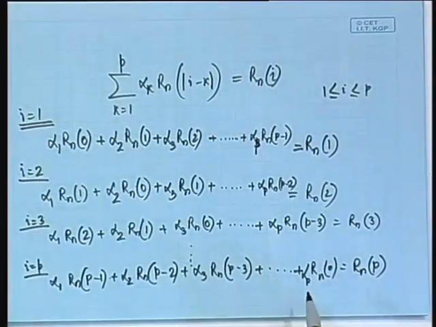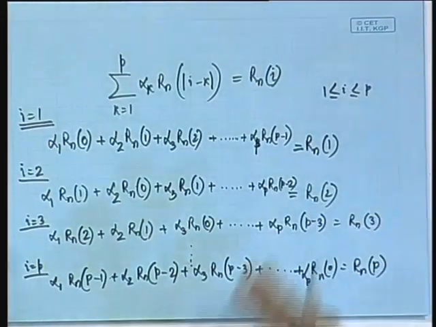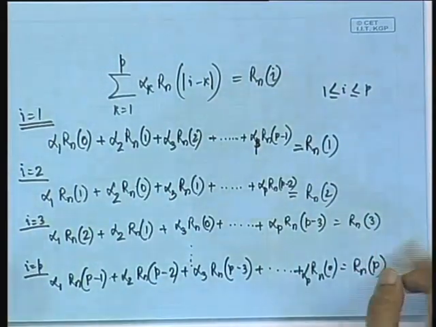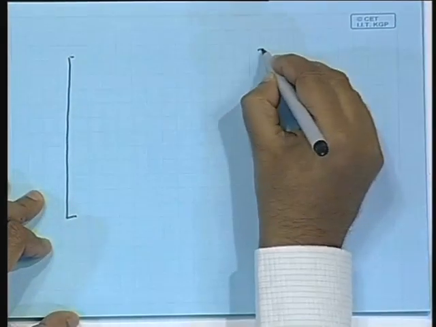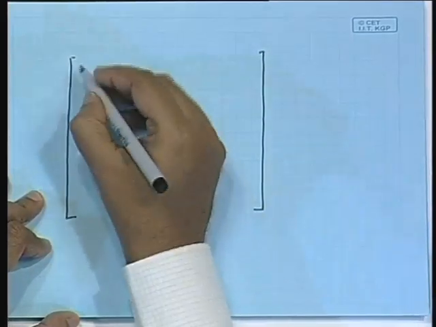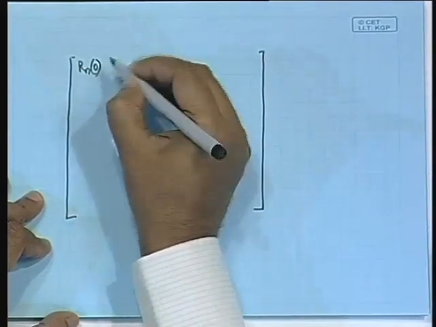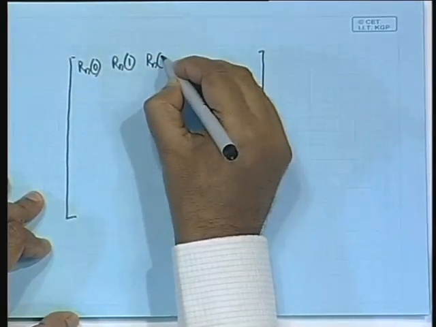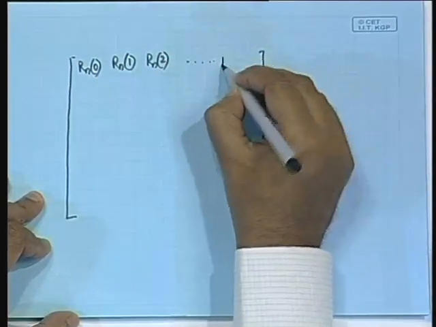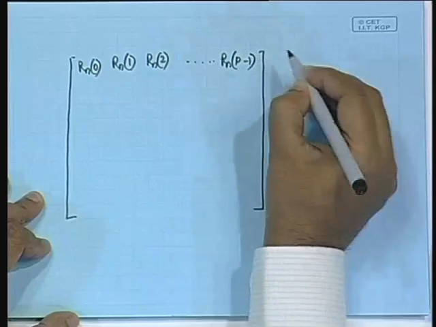So, now we have got p equations. We have explicitly written down the p equations. As people have already noticed, it is going to be a matrix form of representation. So, now let us represent this set of p equations as a matrix, and what results is something like this. We can write down a matrix, and this matrix will have elements Rn0, Rn1, Rn2 up to Rn p minus 1.